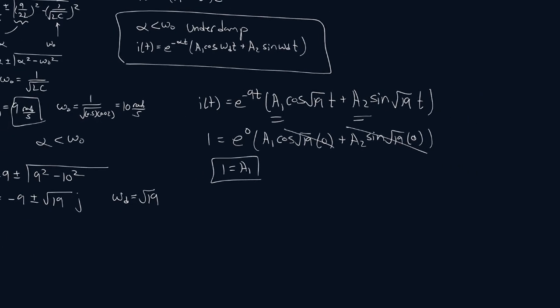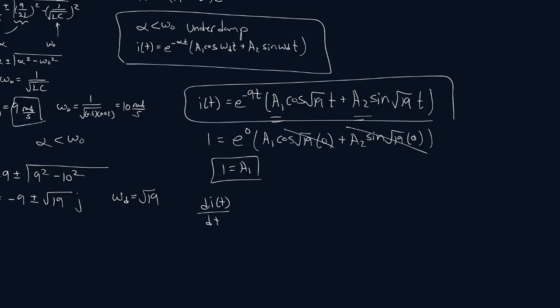Alright, now to find our A2, this is the tricky part. So what we're going to do is first we're going to differentiate all of this. So it'll be di of t over dt equals, so you have to use chain rule. So it'll be minus 9 e to the power of minus 9t times A1, recall A1 is now 1, so we'll just write cos square root of 19t plus A2 sine square root of 19t.